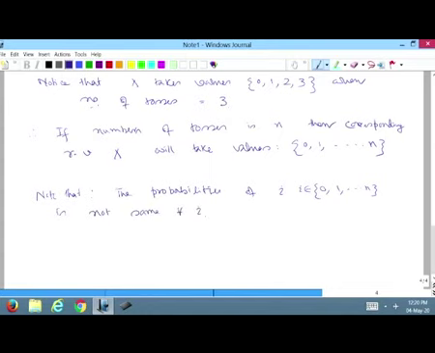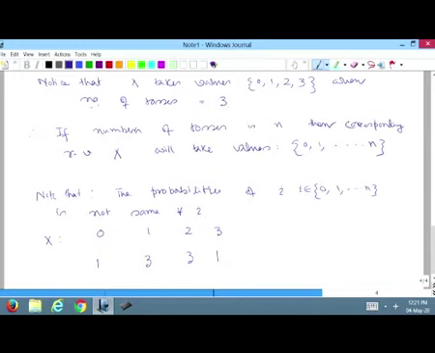As you can understand, with respect to X taking values 0, 1, 2, 3, the number of cases for 0 is 1, the number of cases for 1 is 3, the number of cases for X equal to 2 is 3, and the number of cases for 3 is 1.